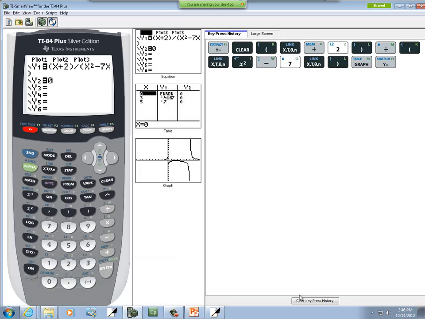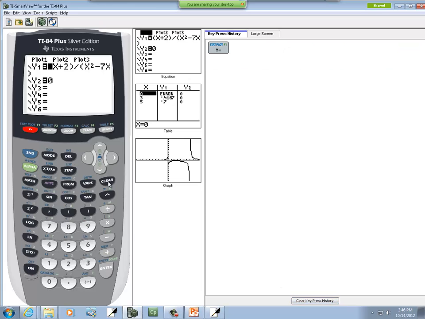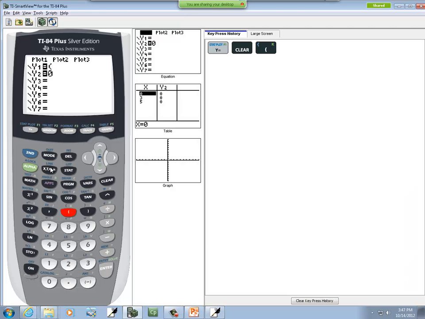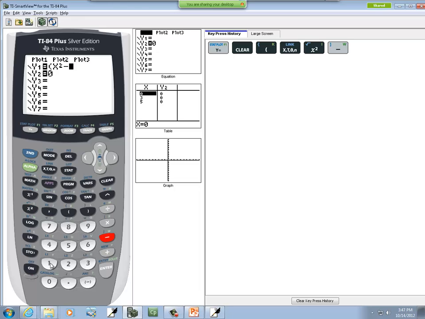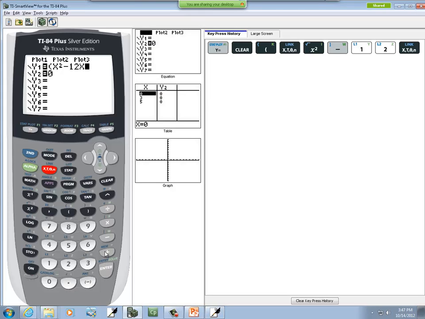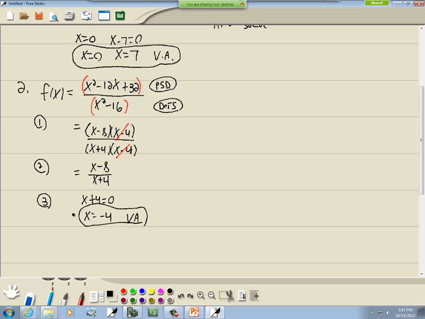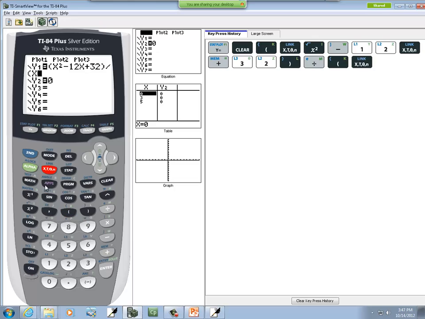I'll press y equals, clear, beginning parenthesis, x squared minus 12x plus 32, closing parenthesis on top, divided by beginning parenthesis on the bottom, x squared minus 16, and then closing parenthesis on the bottom. And then graph.